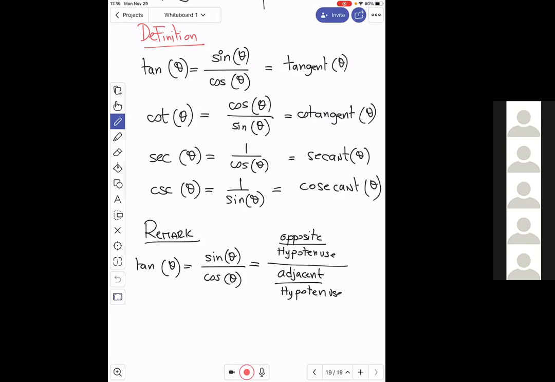Now we can simplify this. You divide two fractions, so you need to flip the fraction in the denominator. So that's actually opposite side over hypotenuse times, and then you flip the denominator, so that's the hypotenuse over the adjacent side.